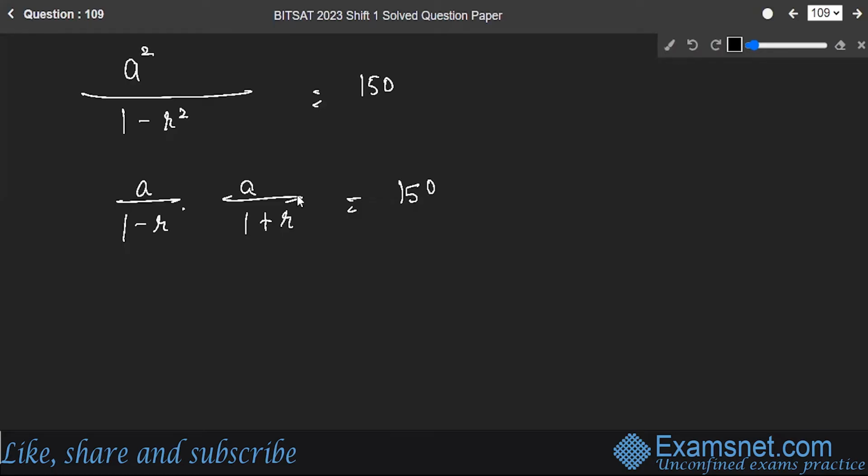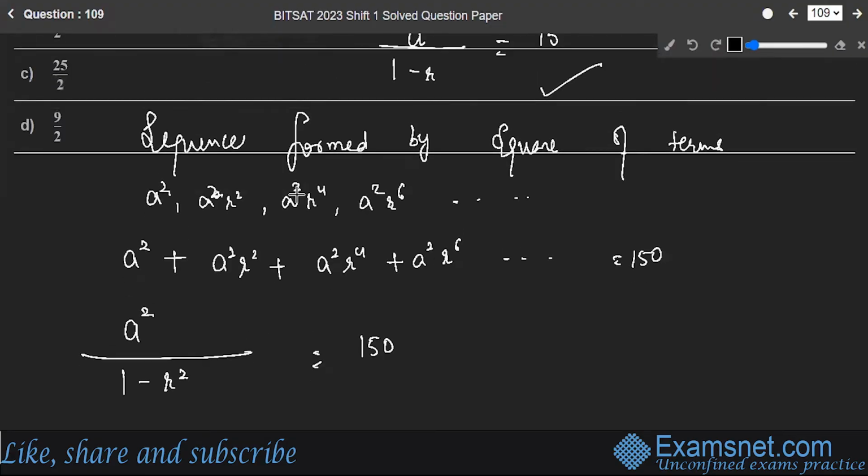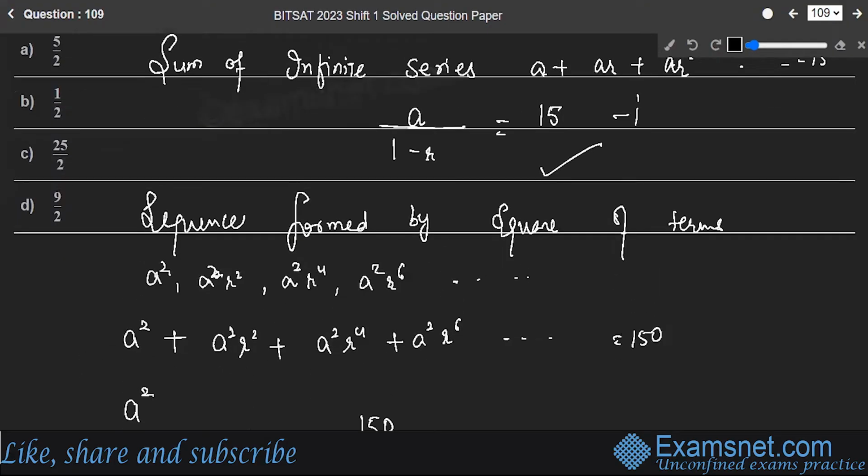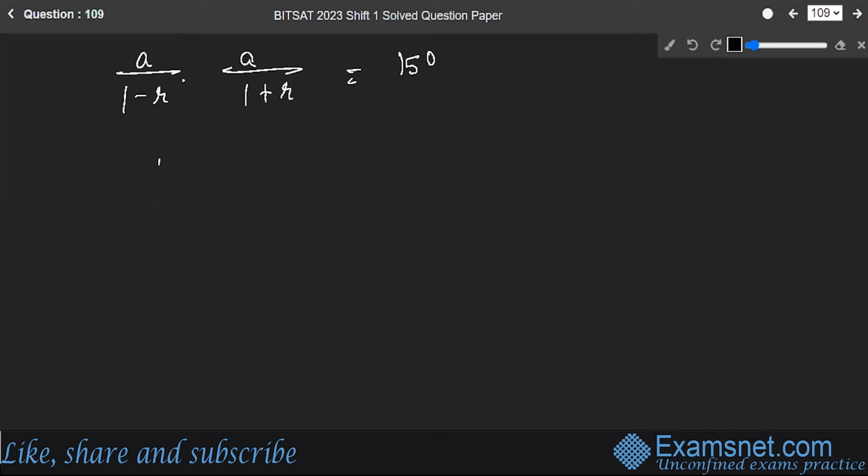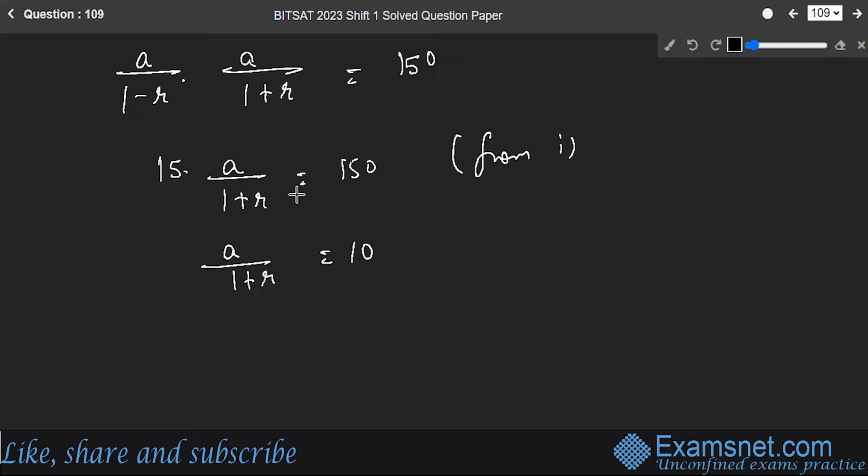Right. This a upon 1 minus r was equal to 15 from equation 1. So you have 15 into a upon 1 plus r is equal to 150, or you have a upon 1 plus r is equal to 10. Let's say this is equation 2.